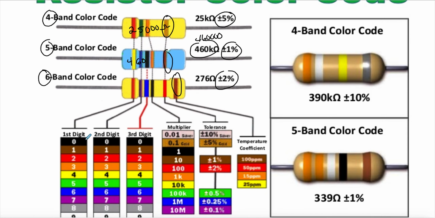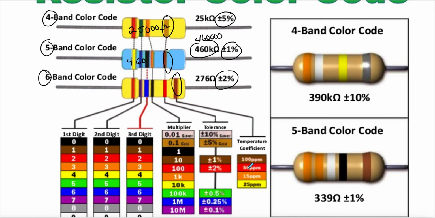The only thing you might have to know that's a little bit different would be on a 6-band, your second to last color does not tell you the multiplier. That's actually the tolerance, and then the last one is a temperature coefficient, which is basically going to tell you how well it does if it gets hot or cold.